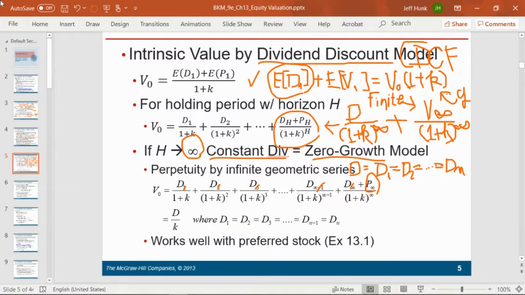So if you just raise 1.02, let's say every year inflation is 2%, let's raise it to 1,000 years. 1.02 raised to 1,000.